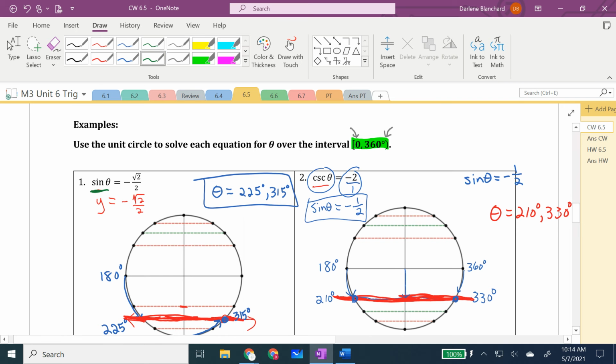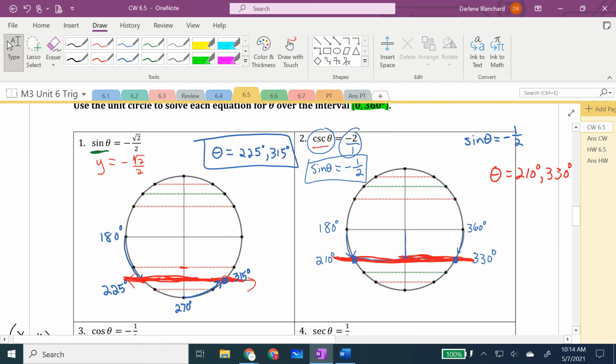Sine represents the y coordinates. And if my y coordinate is negative root 2 over 2, that's down the y-axis. You have negative 1, negative 2, negative 3. And by those, I mean negative 1 over 2, negative root 2 over 2, negative root 3 over 2.